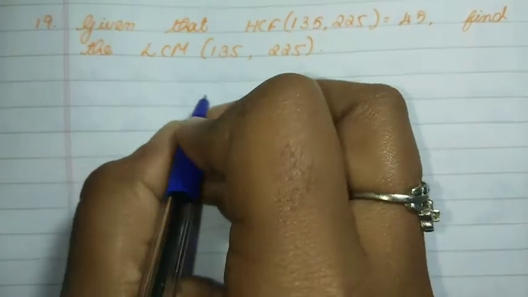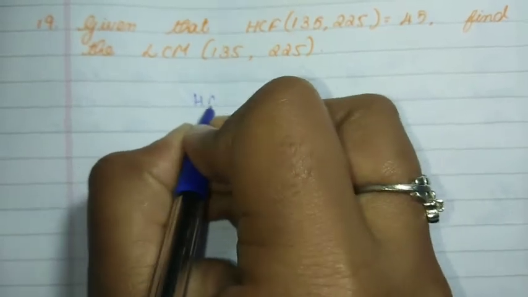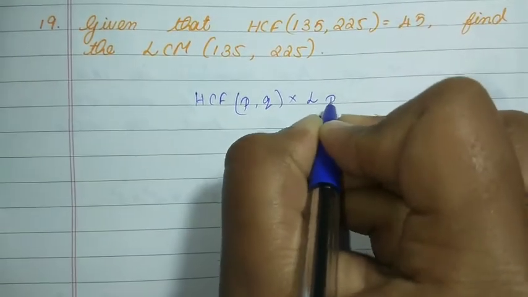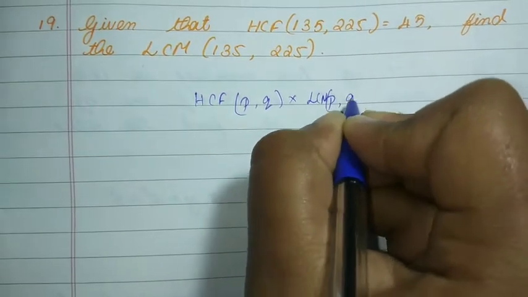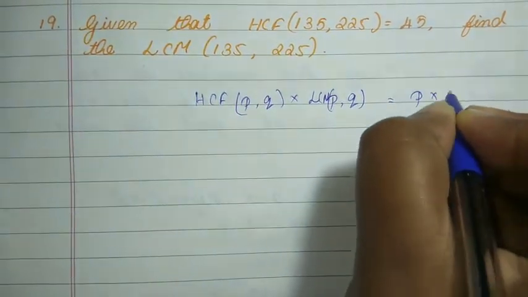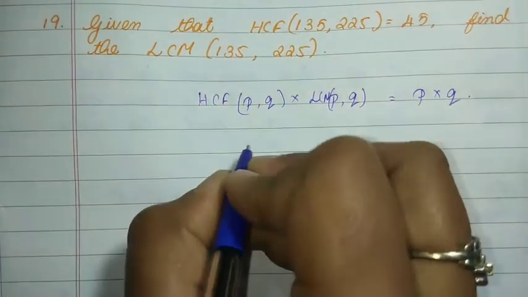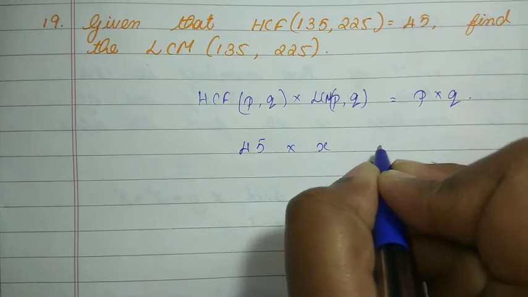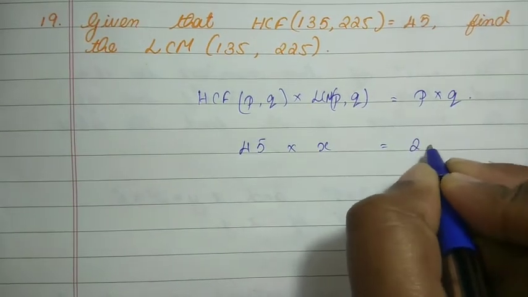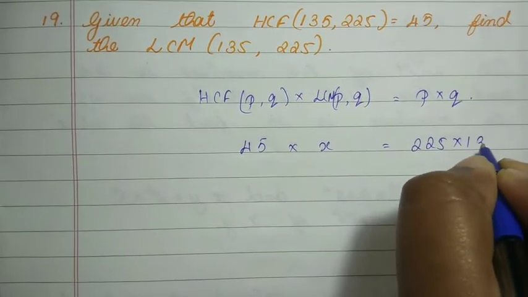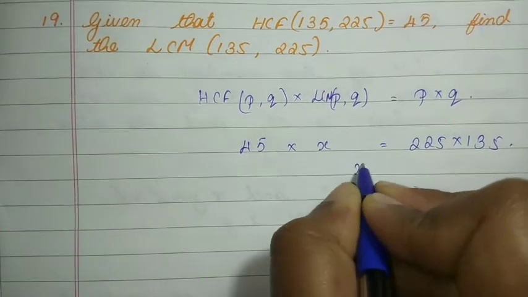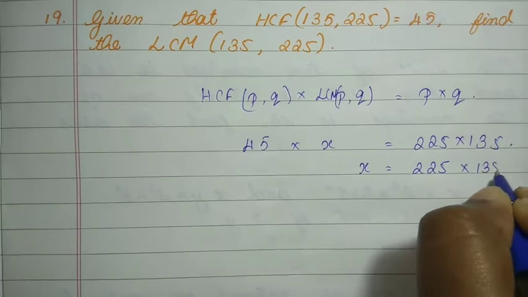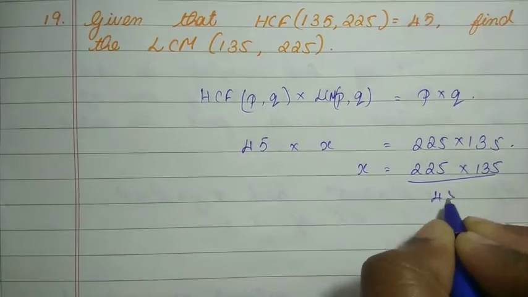So we will be using the formula: HCF of P and Q into LCM of P comma Q is equal to the product of P and Q. So my HCF is 45. Let my LCM be x. 45 into x is equal to 225 into 135. So x is equal to 225 into 135 divided by 45.